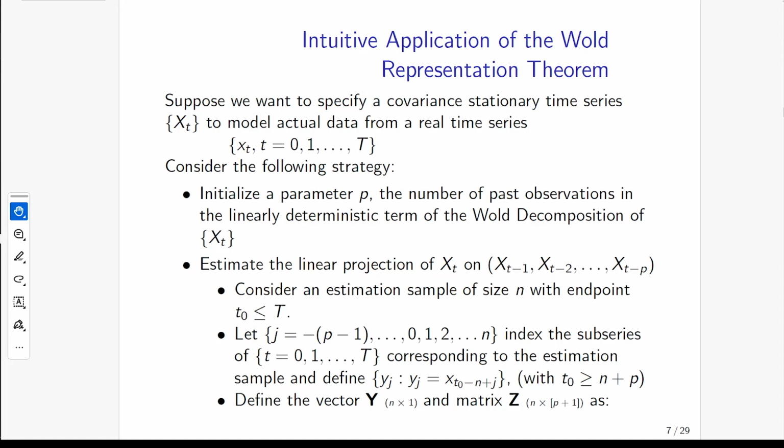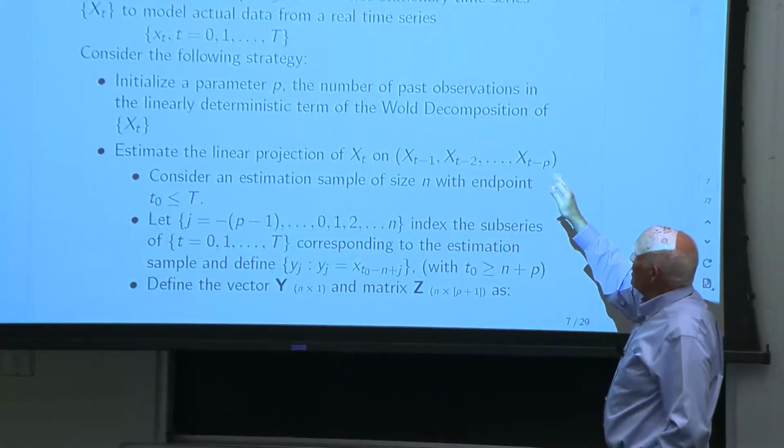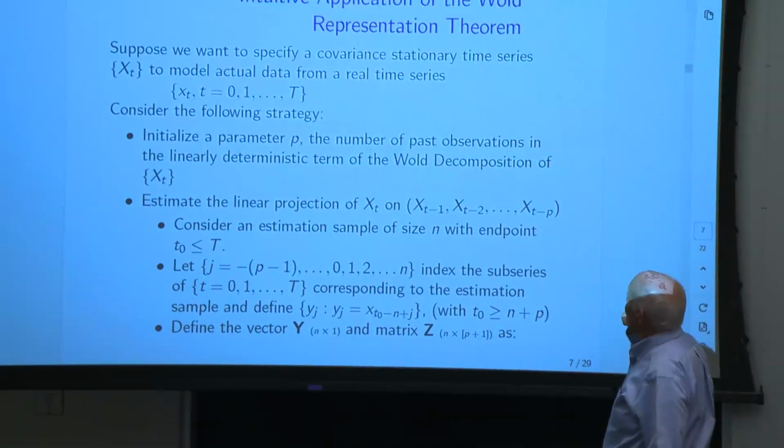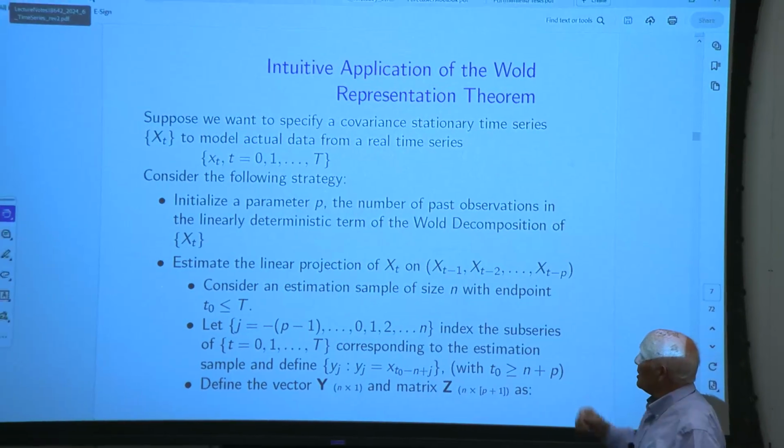So if we had a linear trend or a quadratic trend, we would subtract that out, so x_t is a series that looks like it has a flat path. And then we could initialize a parameter p indicating the past number of observations that explain the linearly deterministic term.